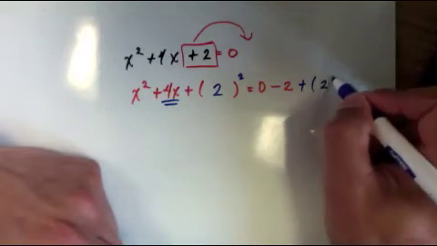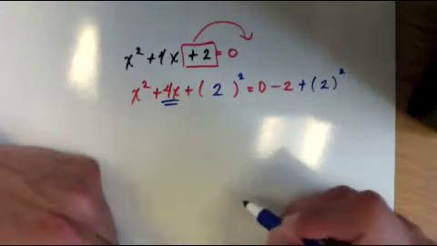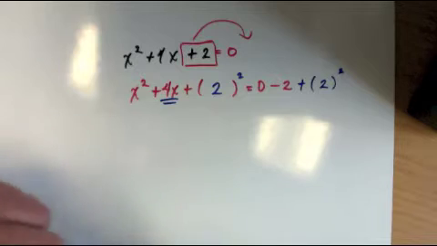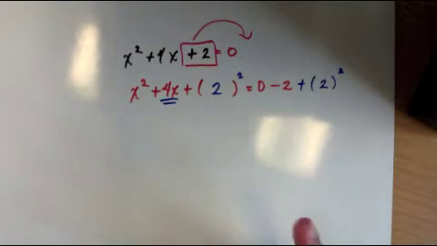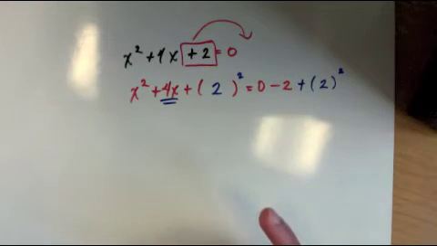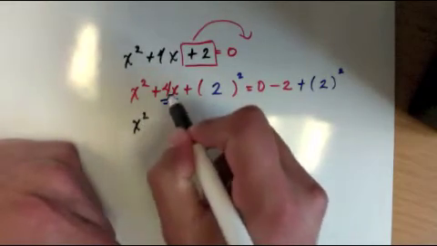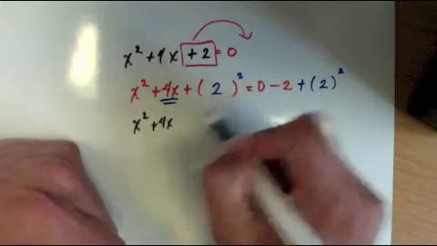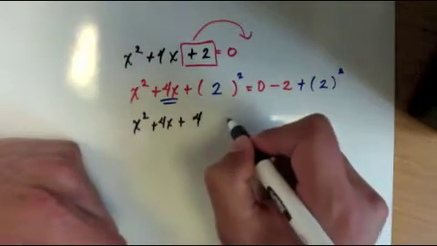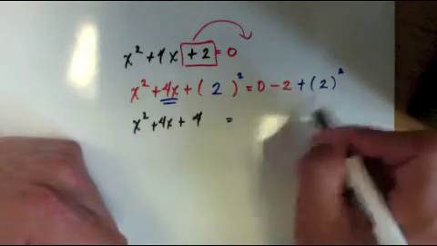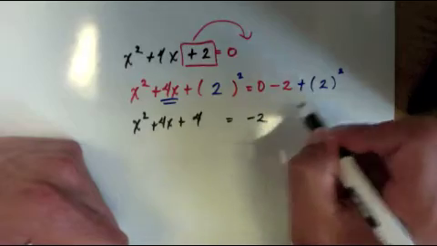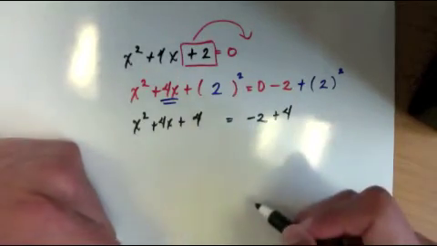So 2 squared, same thing. I'm going to do this the long way, just to let you know how it works out. X squared plus 4x plus 4 equals negative 2 plus 4.